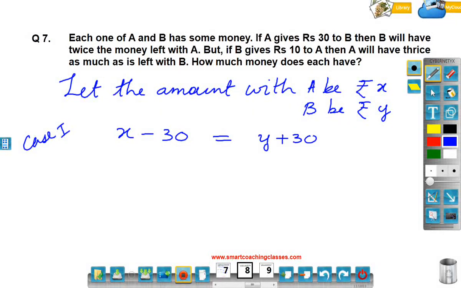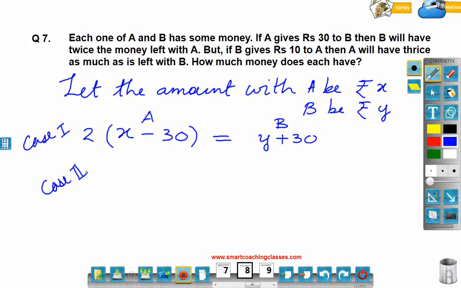So Y plus 30 is equal to twice of A, that is 2 into X minus 30. Remember, this is A, this is B. Case 1 complete.